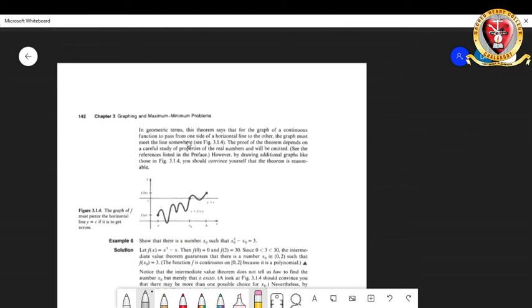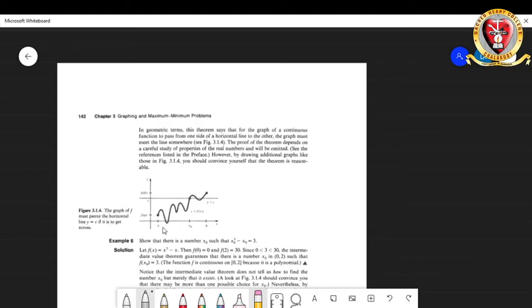So in geometric terms, this theorem says that for the graph of a continuous function to pass from one side of a horizontal line to the other, the graph must meet the line somewhere. To understand that, consider figure 3.1.4.